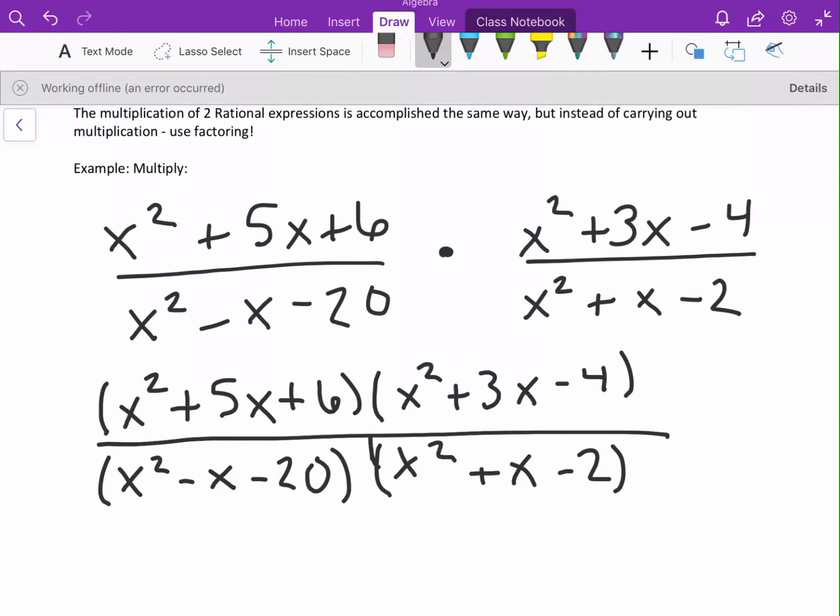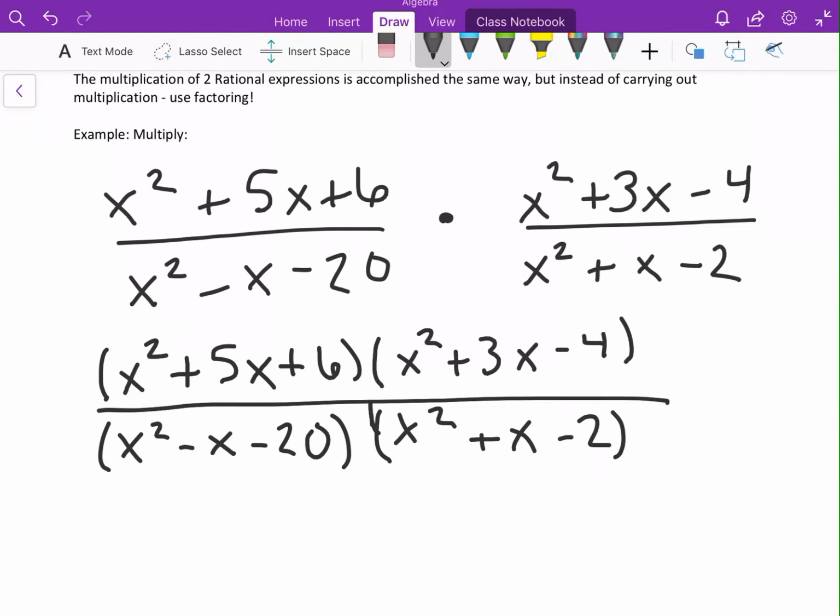Now, this step is not required, but it is showing you that same property you might remember from above.